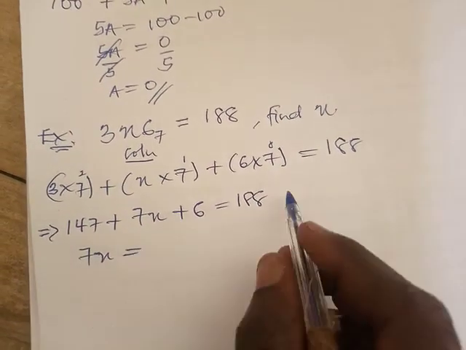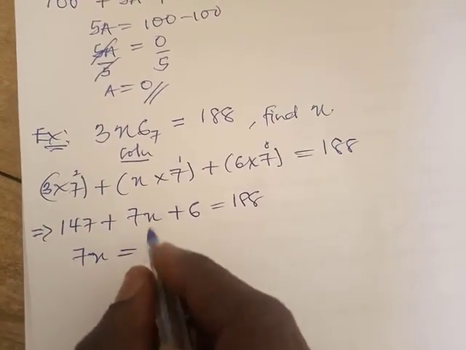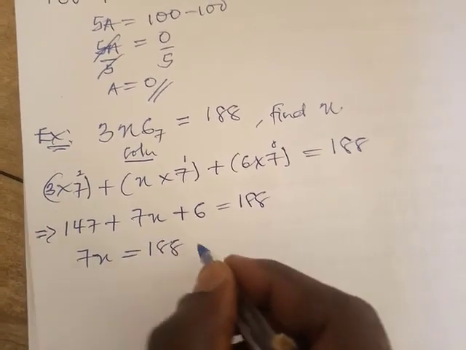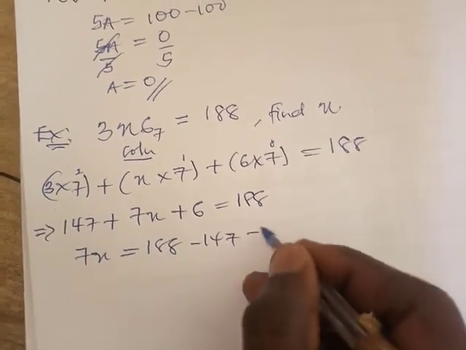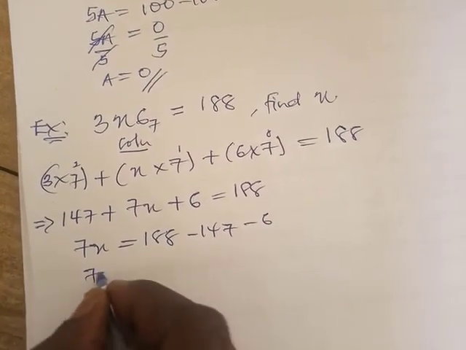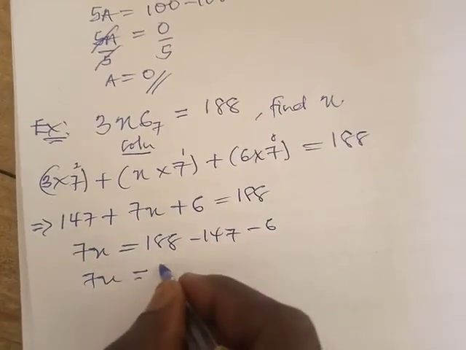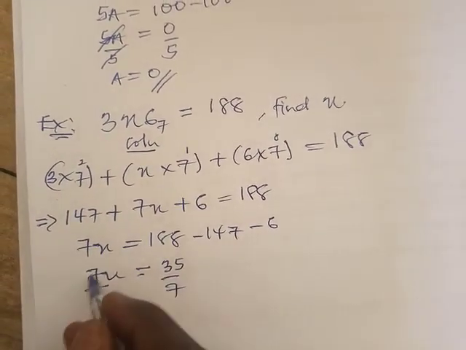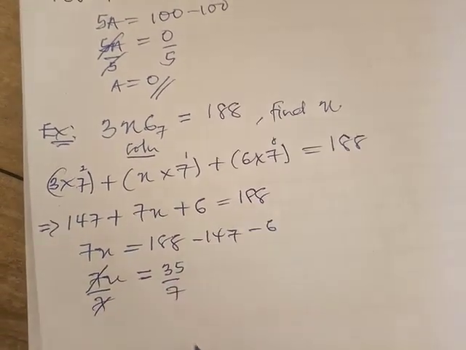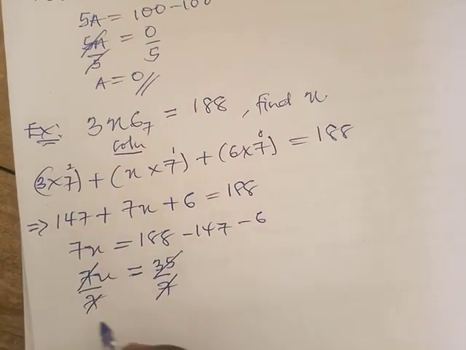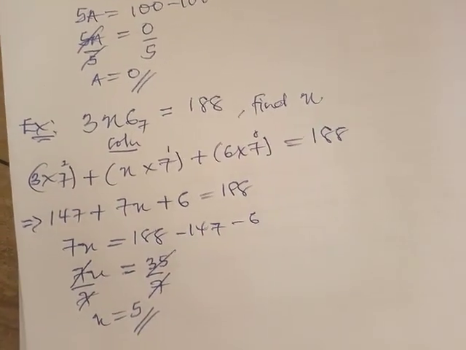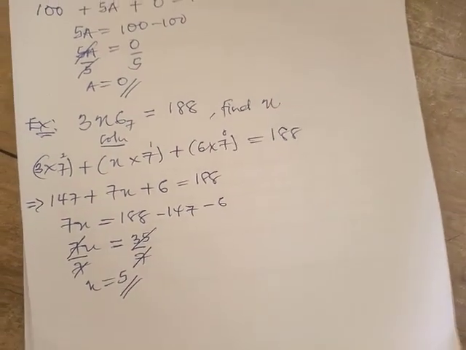So when you group like terms, we have 7x equal 188 minus 147 minus 6. So we have 7x equal 35. So dividing both sides by 7, 7 goes into 35, we have x equal 5. And that's the answer to the problem.